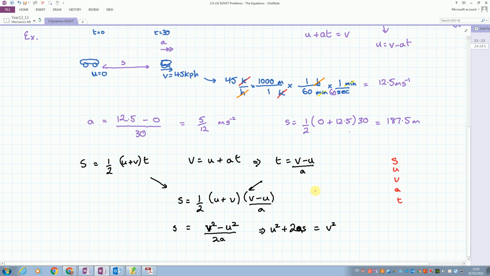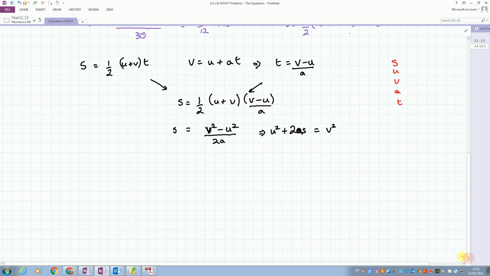We can also put the v straight into this equation. The other one is to put the equation straight in.